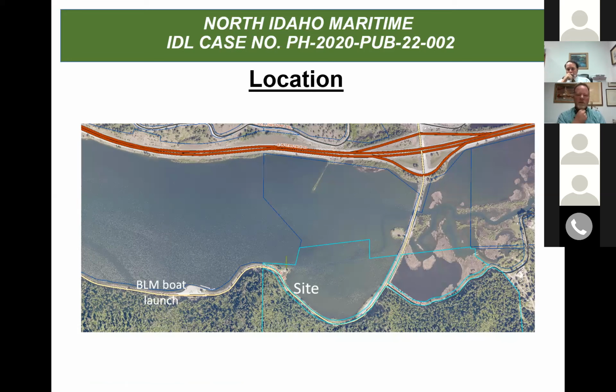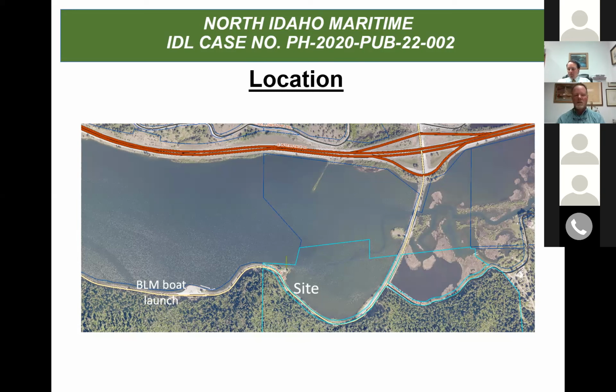This zooms us in a little closer. As you can see here, again, the site's outlined in blue. To the north, you've got interstate right-of-way. To the east and south, you've got Highway 97 right-of-way. We've got the BLM boat launch to the west, about 1,000 feet.